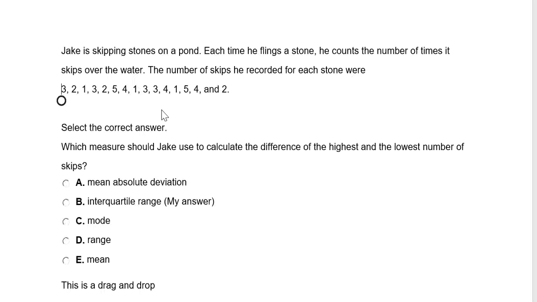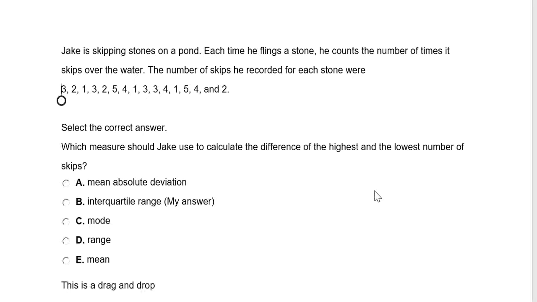For example, if you had a number line from 1 to 10, you would know the range by taking the highest value, 10, and subtracting 1 from it, and the range would be 9, which means we're not considering 0 and we're not considering 11. We're only considering 1 through 10.